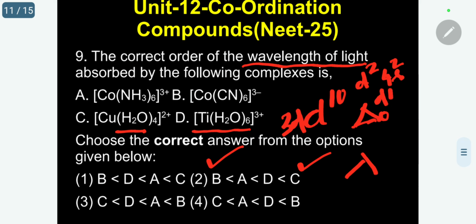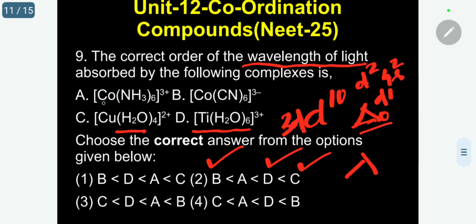The ligand is again the same, a low crystal field ligand, but with only one electron, correspondingly the energy will be very low, but comparatively, probably next may be D.